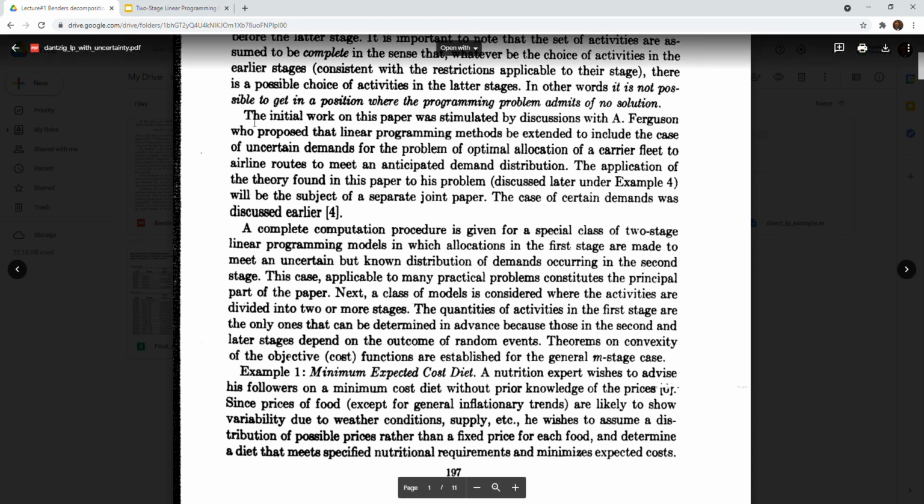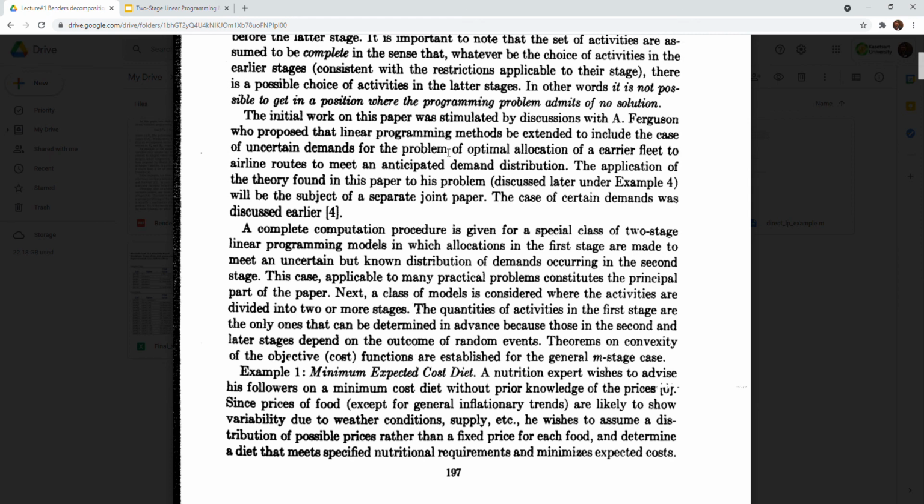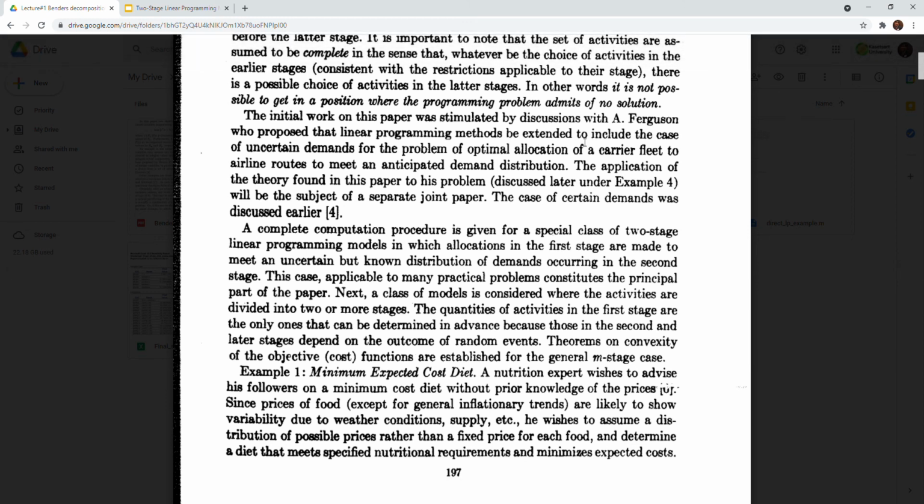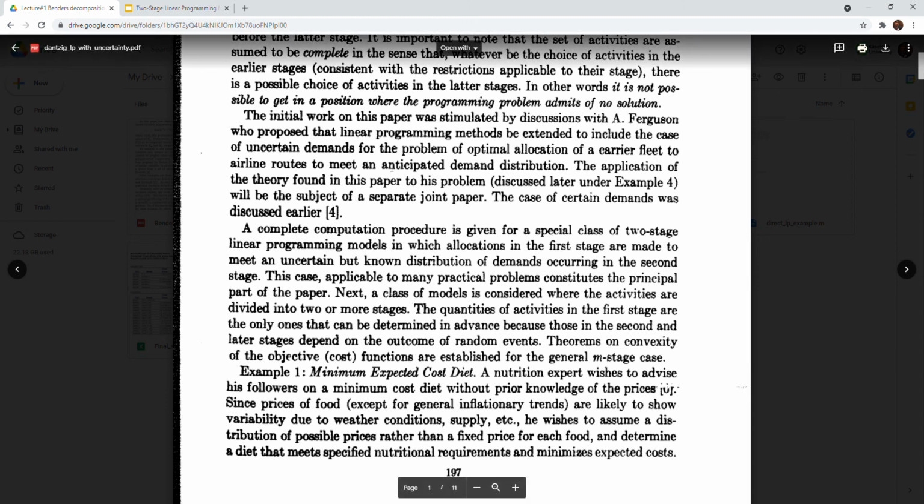Dantzig says here that the initial work of this paper was stimulated by discussion with A. Ferguson. So he just wrote what he did: that he wrote this paper because he discussed this with Professor Ferguson, who proposed that linear programming be extended to include the case of uncertain demand. That's the application for the carrier fleet to airline routes, whatever.